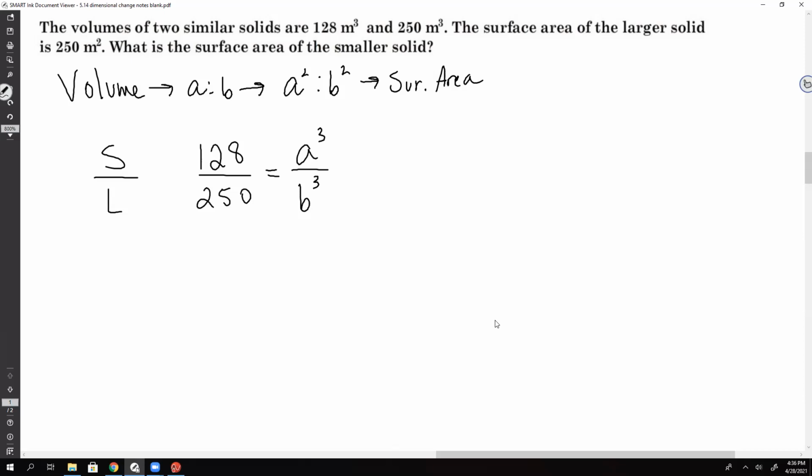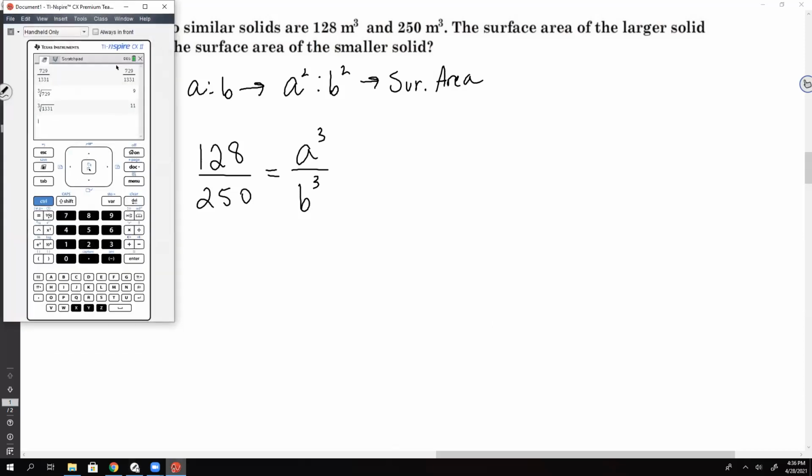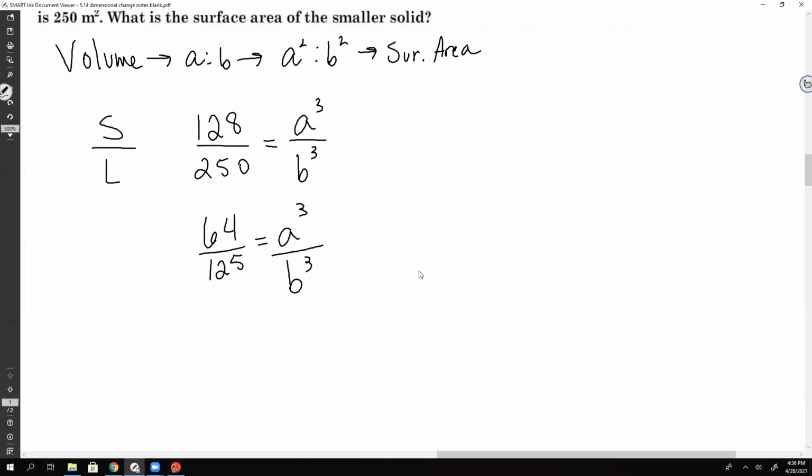So I will type it in my calculator, 128 divided by 250, and it's going to reduce it for me. It's going to be 64 over 125. That's still A cubed to B cubed. Now I need to take the cube root because I just want A to B. So I need to do the cube root of everything.